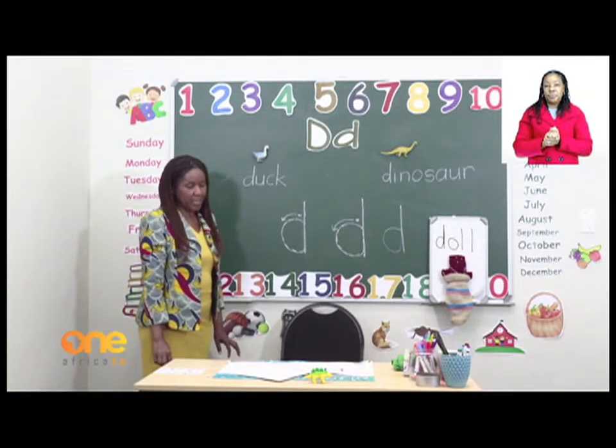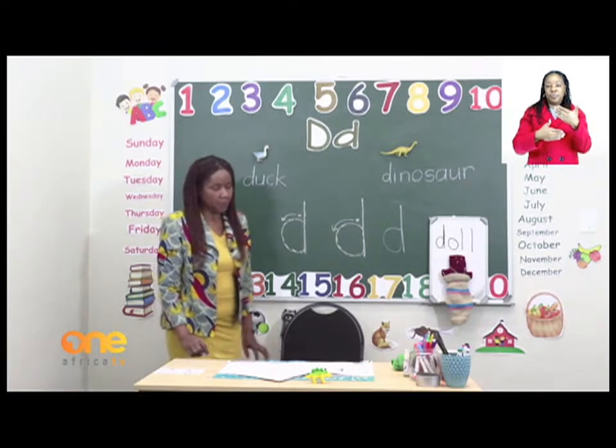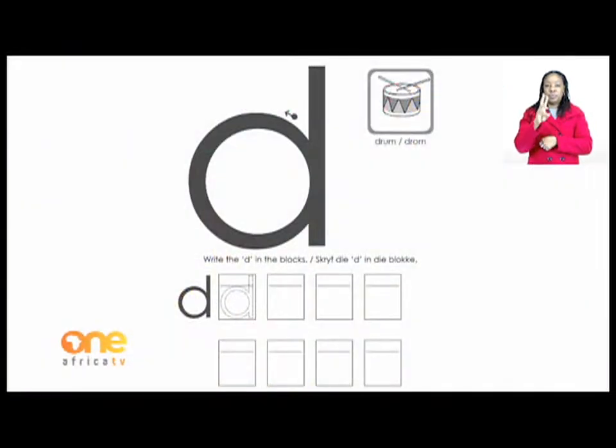Now let's get back to our booklet on page 16. On page 16, the instruction says, write the letter D in the blocks and remember the writing direction. We need to start where the line is shown in the middle of the block.